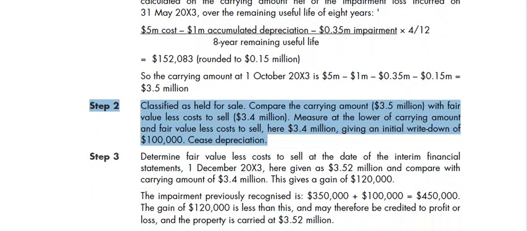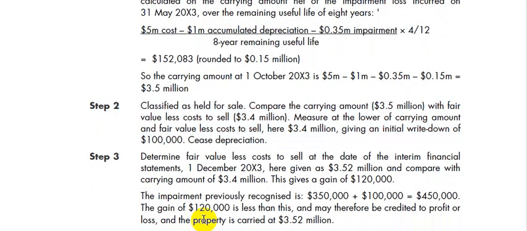We move to step 3. Determine fair value less cost to sell at the date of the interim financial statements, which is 1st November.